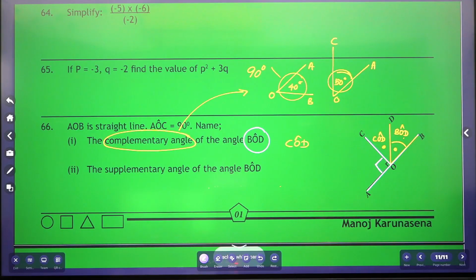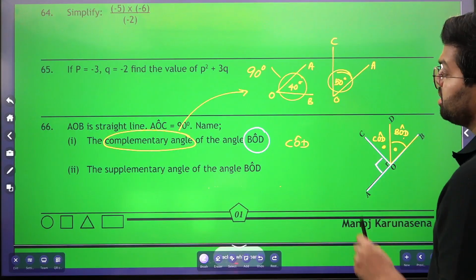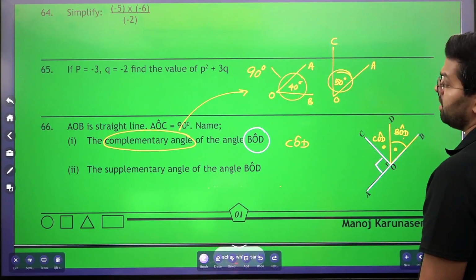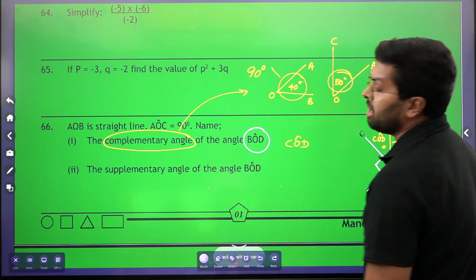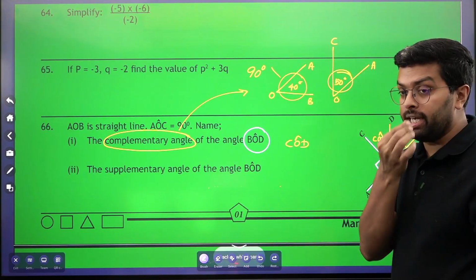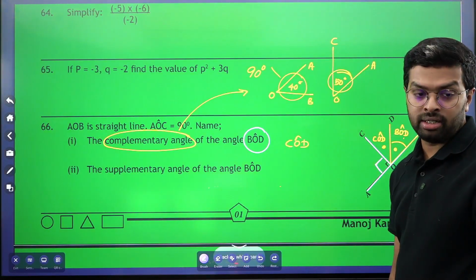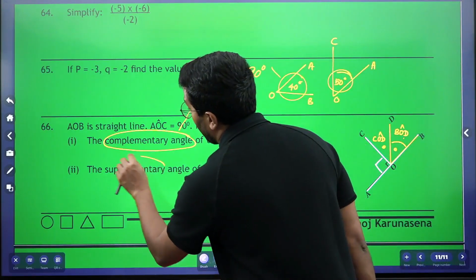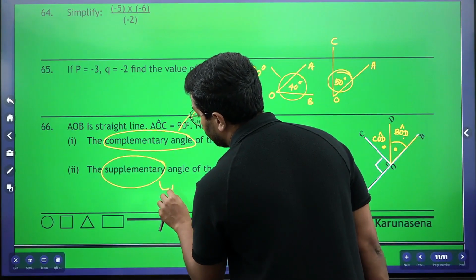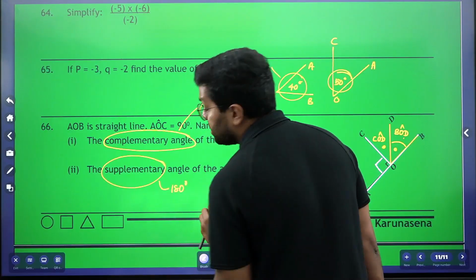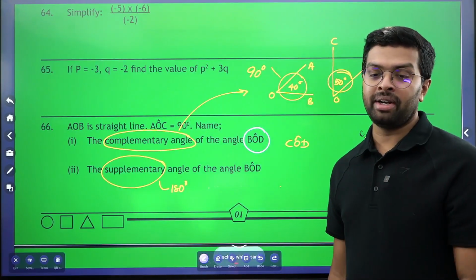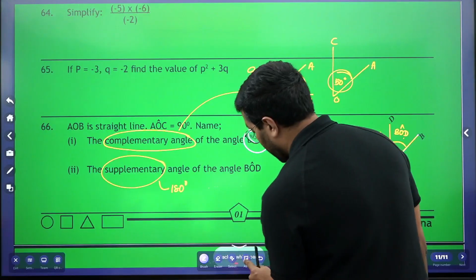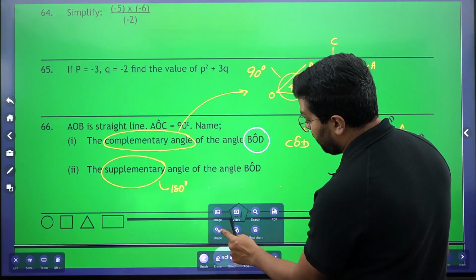The next question is asking about supplementary angles. Now complementary means if the sum is 90 degrees, these are complementary angles. If the sum of two angles is 180 degrees, these are called supplementary angles. Let's consider this example.